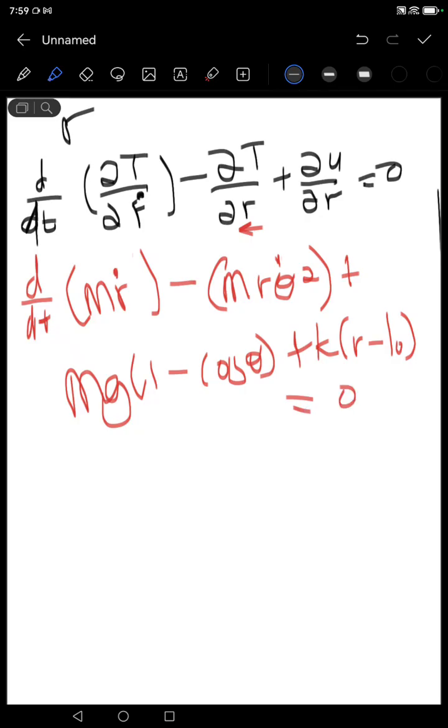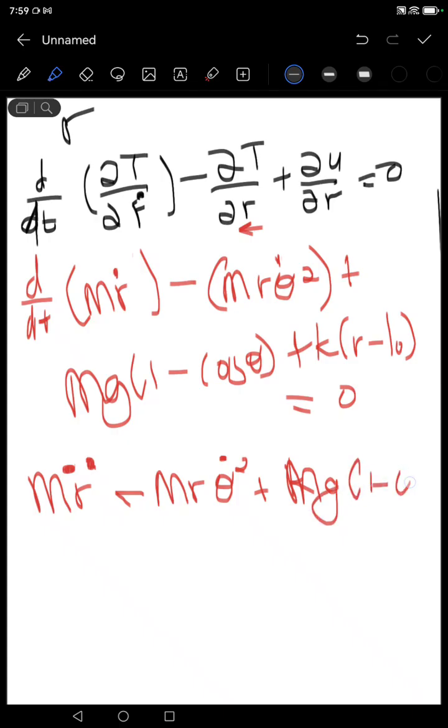We're not done yet. We still have to differentiate m r dot with respect to time. So it's going to be m r double dot minus m r theta dot squared plus mg times 1 minus cos theta plus k times r minus l0.